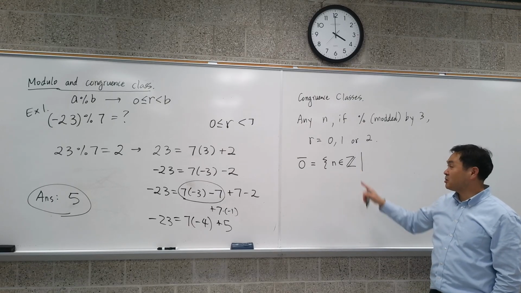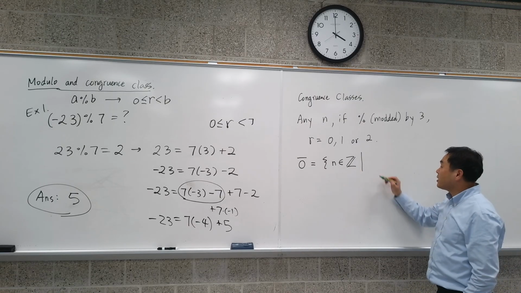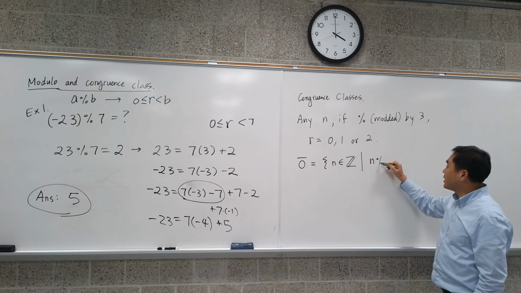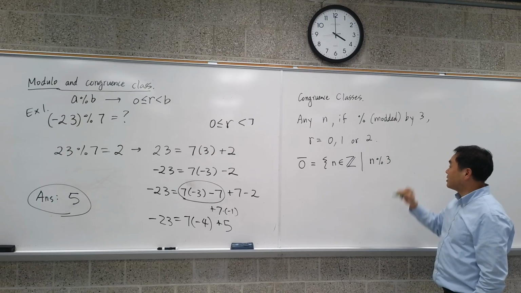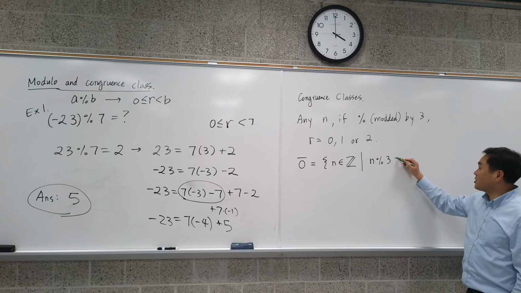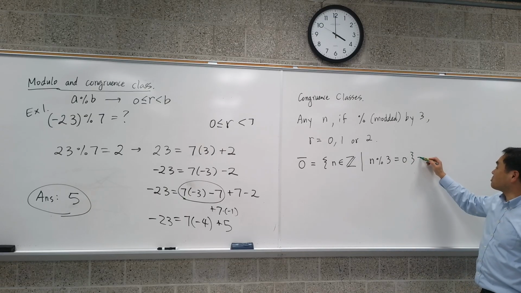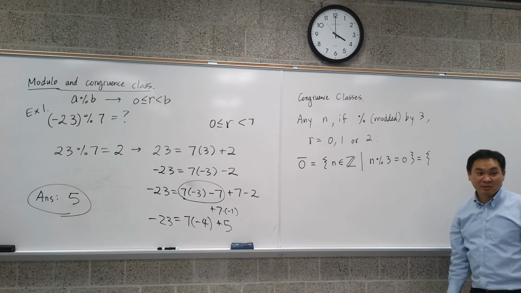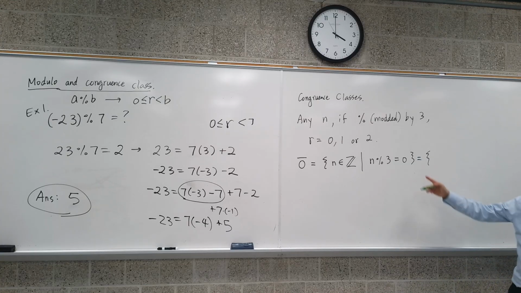Okay, so let's take this, where when you mod by 3, you get the remainder 0. Now, if you write this explicitly, what belongs in this class? Can you give me a number whose remainder is 0 when you mod it by 3? 3, right?